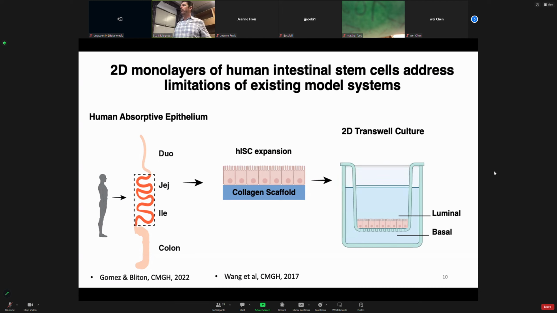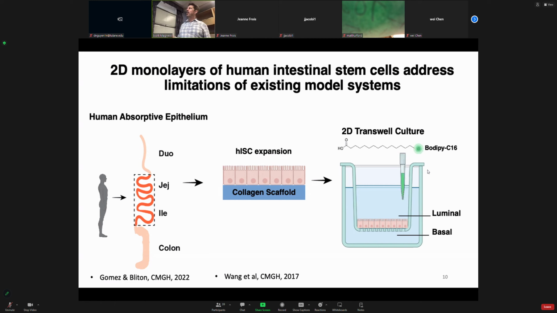And then once the stem cells have expanded, we take them off and we put them onto kind of conventional transwell culture systems that have been treated with different extracellular matrices here. But importantly, for those of you who don't know how these work, these membranes on the bottom of the insert are permeable. So you have access to the factors on the top and the bottom that the cells make, or you can apply different factors to the top and the bottom, or the luminal and basal surfaces of these.